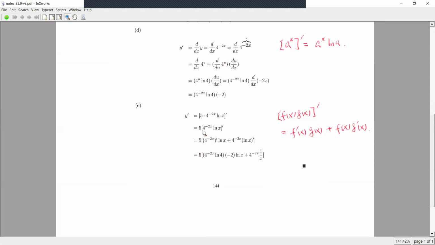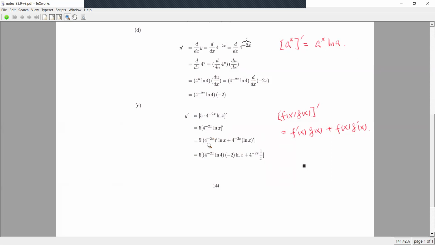Now, the function under this derivative is a product. By product formula, this derivative is derivative of the first function times the second function plus the first function times derivative of the second function. So I have this equation.